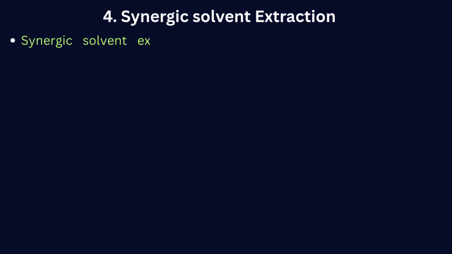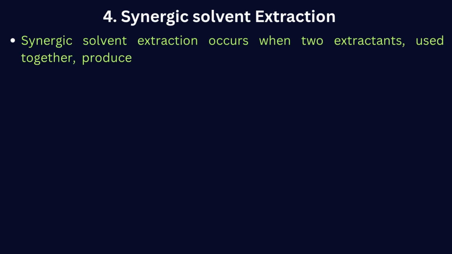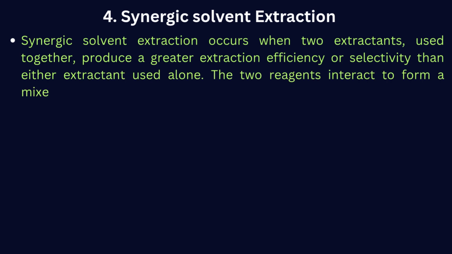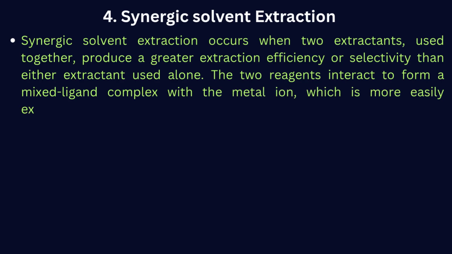The fourth mode is synergic solvent extraction. Here, synergic solvent extraction occurs when two extractants, used together, produce a greater extraction efficiency or selectivity than either extractant used alone. The two reagents interact to form a mixed ligand complex with the metal ion, which is more easily extracted into the organic phase.